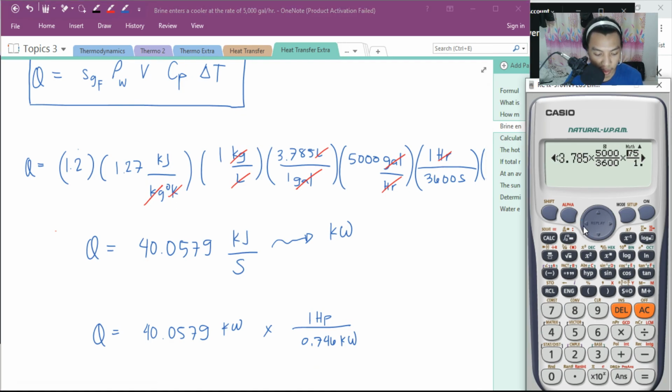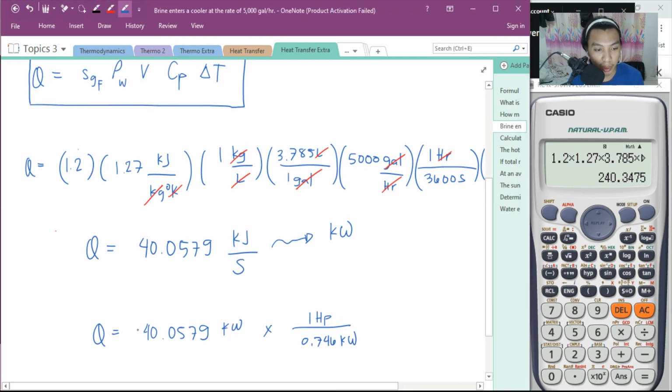Tingnan natin kung tama yung pinindot ko dito. 75 minus 21, okay? 1.27 tapos 5,000. 1 kilogram per liter. Ayun, 0.2 lang pala napindot ko. 1.2 dapat. Ayun. That is 240.3475. Kaya nagtataka ako sa calcu, hindi siya napipindot kaagad.